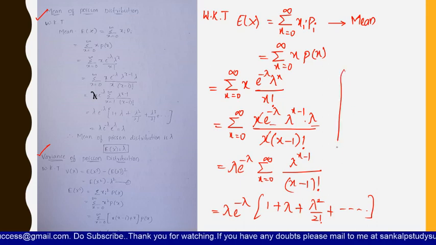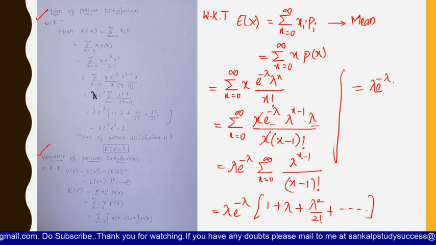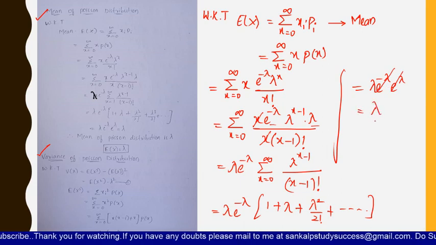So we can write it as lambda into e power minus lambda into e power lambda, right? So e power minus lambda and e power lambda will get cancelled. So we are left with lambda. Therefore the mean of the Poisson distribution is nothing but lambda. So here E of x is equal to lambda. This is the mean of Poisson distribution.